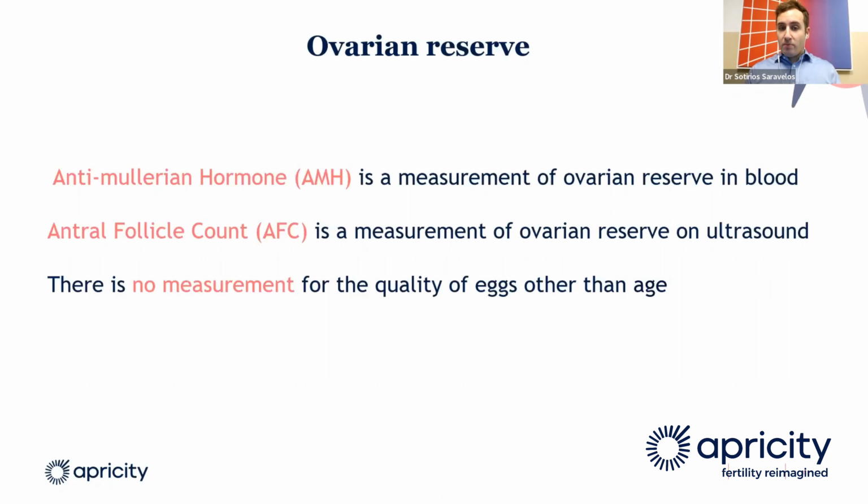That's a hormone measurement in the blood, and that comes from the eggs in the ovaries, and that gives us an idea of how many eggs a woman has left in reserve. The same or similar test with ultrasound scan is called the antral follicle count, where with an ultrasound scan, you measure the number of follicles, which are little sacs or little pockets that contain the eggs. And of course, the more of these follicles you have, the higher your egg reserve.